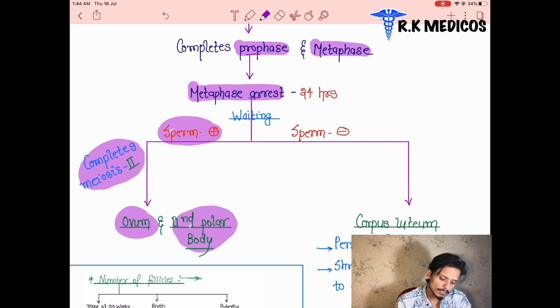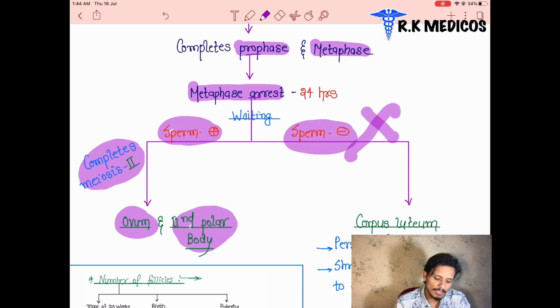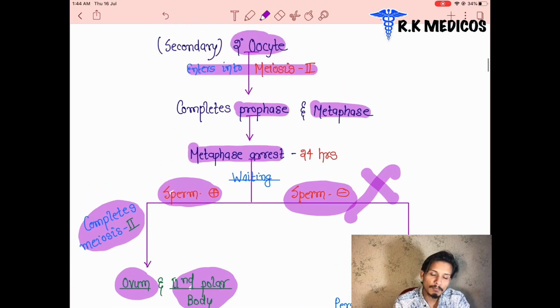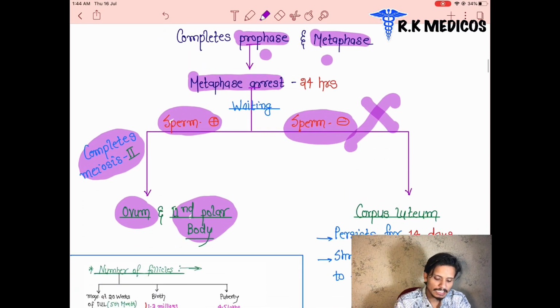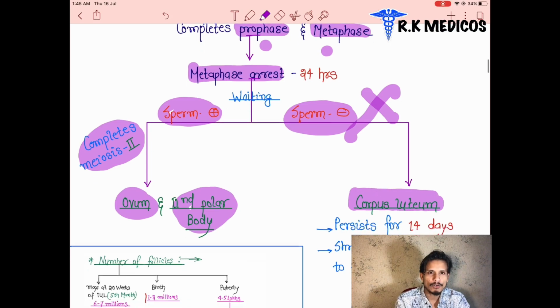And if the sperm is not present, what happens? This secondary oocyte, arrested in the metaphase stage of the second meiosis, gets converted into corpus luteum. And this corpus luteum persists for 14 days without a sperm present.